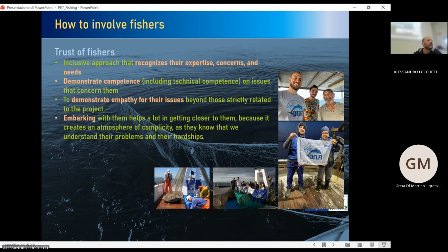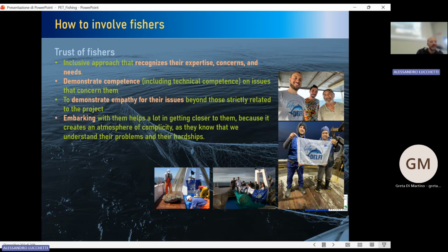But to gain their trust, as I said before, you have to recognize their point, what they say. You have to recognize their experience, but you have to demonstrate competence. Sometimes when I speak with fishers around Italy, you approach the fisher and he replies, oh, yes, without giving you any importance.